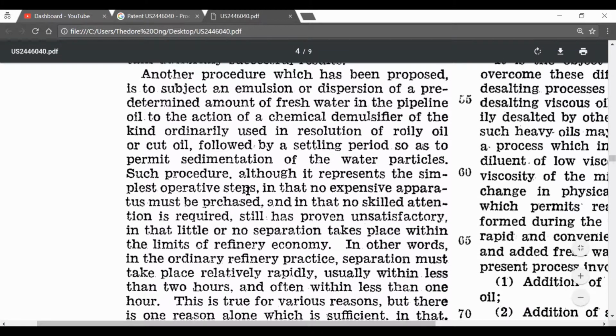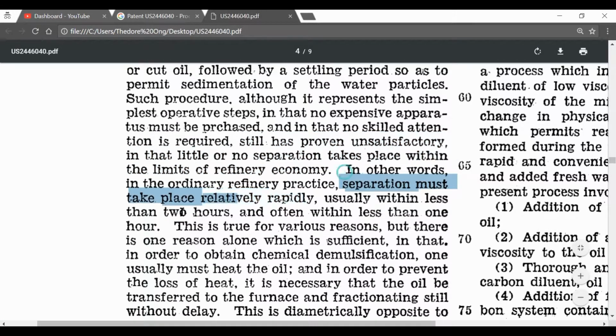They are saying that this is a very simple step. No expensive apparatus need be purchased, not much skill or attention is required, but it's still unsatisfactory. Little or no separation takes place within the limits of refinery economy. What this statement is saying is that it doesn't happen fast enough, so it's not so good.